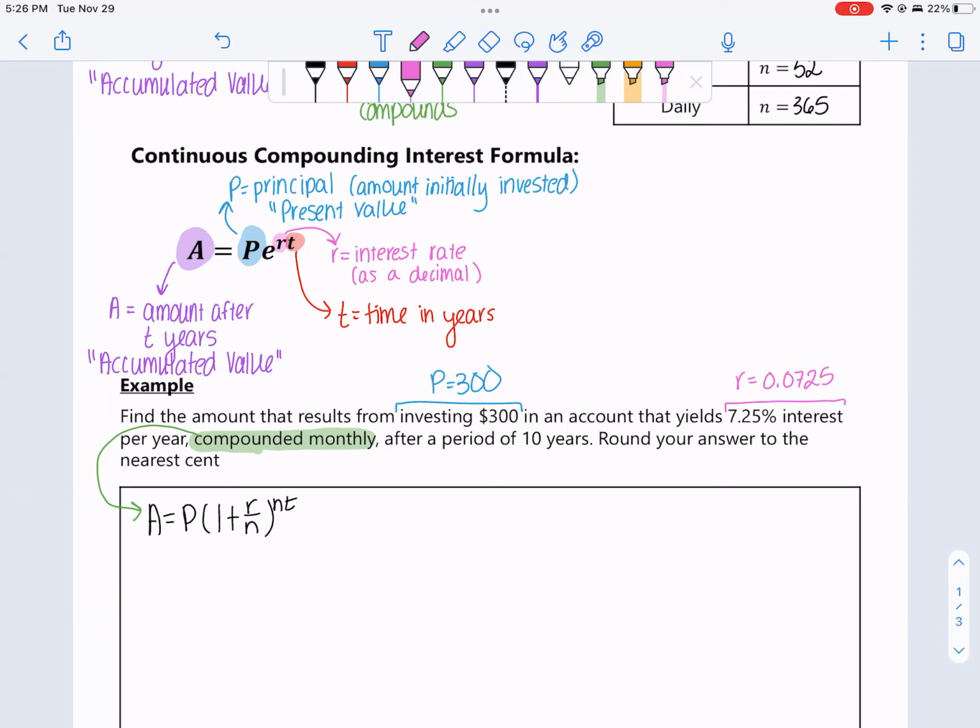We have P, we have R, we need N and T. Because we are compounded monthly, that means N is 12. We compound 12 times a year. And we are doing this for 10 years. So our time is 10. That is all the pieces we need to fill in this formula.